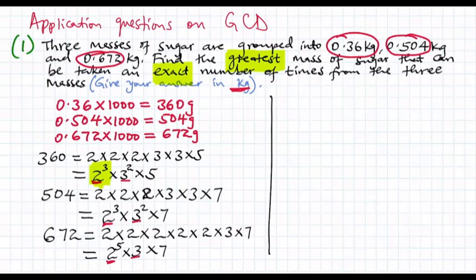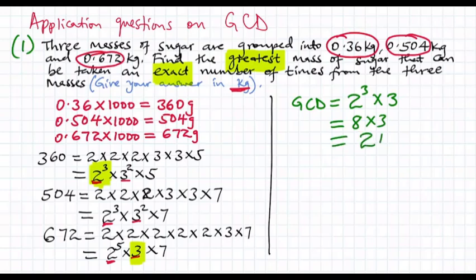But which one has the smallest power? It is 3. Then 5 is not common in all. 7 is not common in all. Therefore, GCD will be equal to 2 raised to 3 times 3, which is 8 times 3, which is 24 grams.